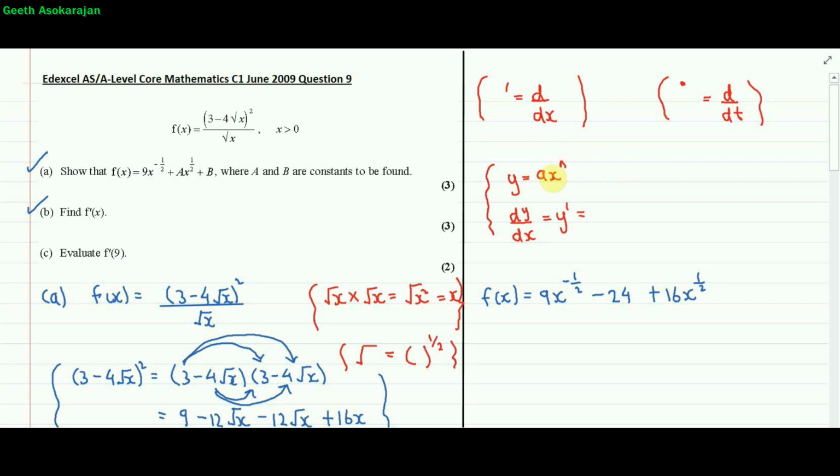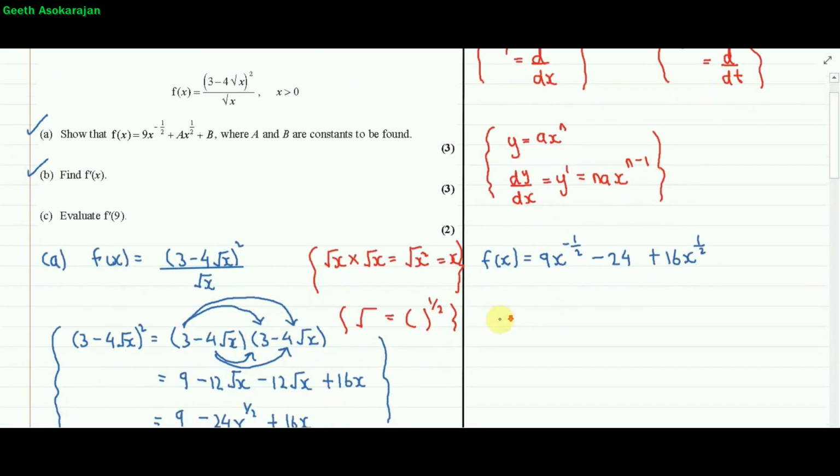So if I multiply by the power, n times a is na, and if I subtract 1 from the power, we'll have n minus 1. So remember, multiply by the power and subtract 1 from the power.